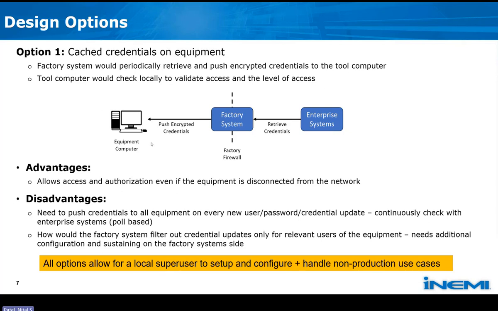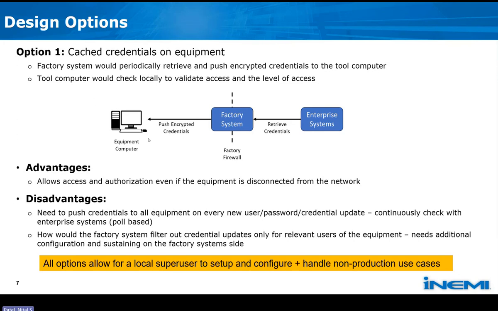And option one was that we would have the factory systems push the credentials to the equipment, so they would keep all the user IDs, passwords, roles, and so on locally on the equipment computer. And you could locally validate access just at the computer itself. So the advantage of this was that if the network goes down, you can still have access to the equipment.